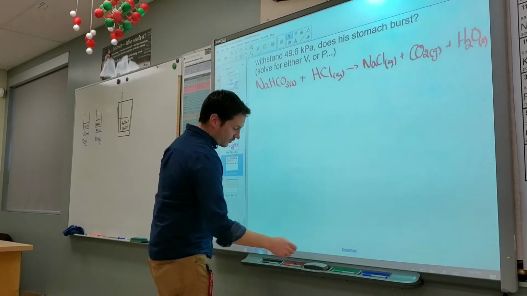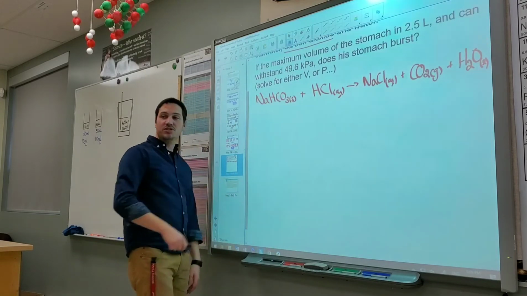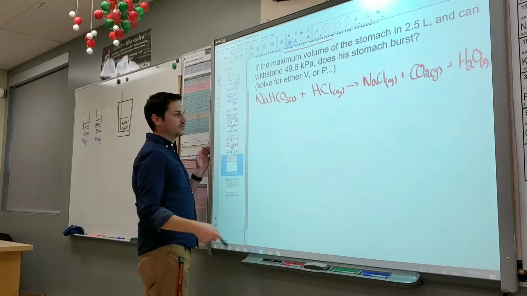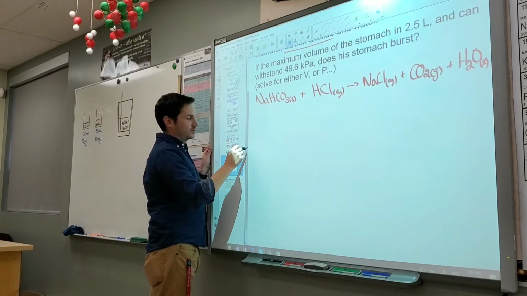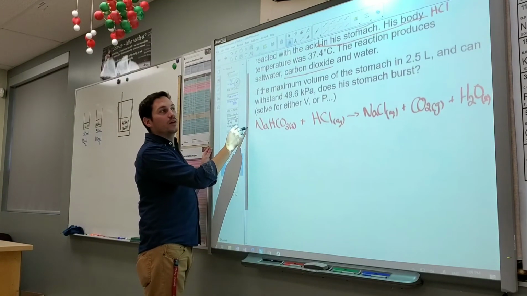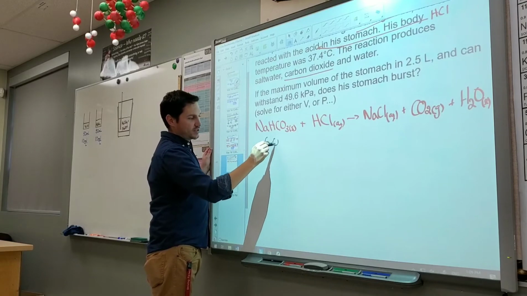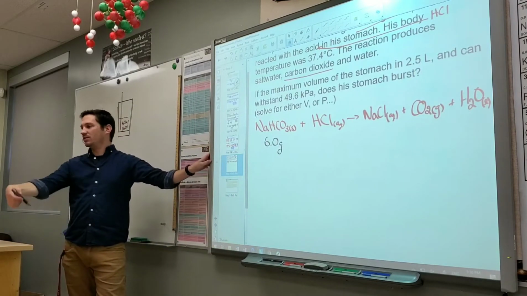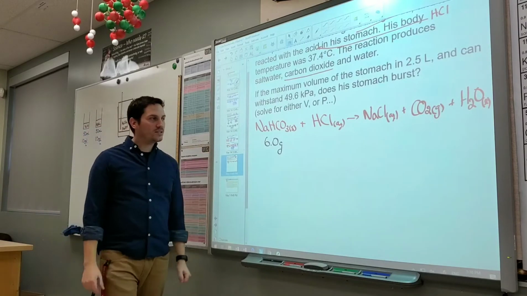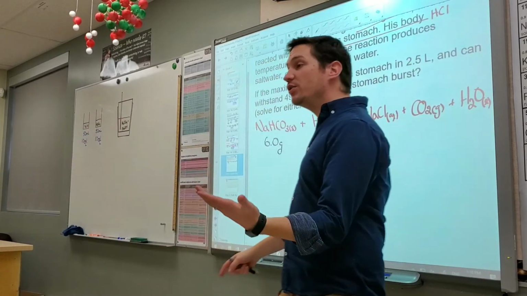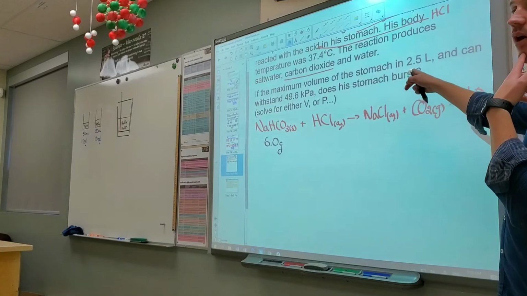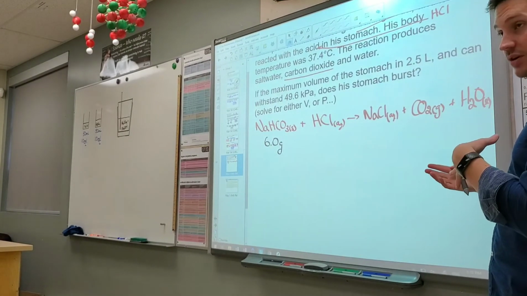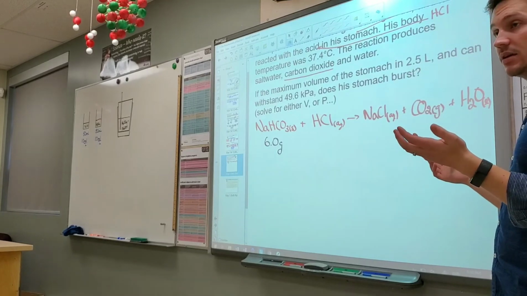So let's describe what's going on. How much stuff did we add to his stomach? 6 grams of the baking soda. And what do we care about? Do you want to solve for the volume that the carbon dioxide will occupy, or do you want to solve for the pressure that it will create?